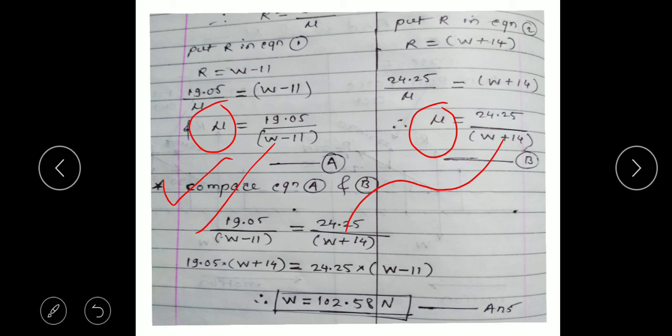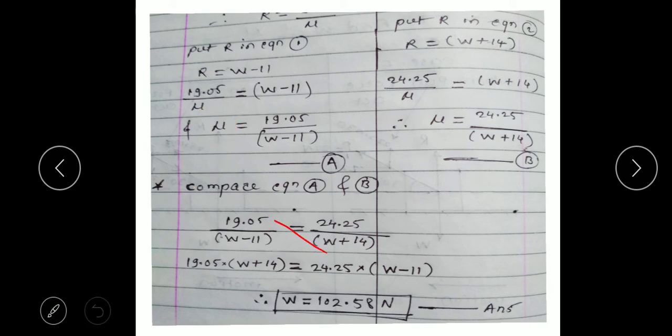How did that happen? Because mu related to A equals mu related to B. So put the value of mu from A equal to the value of mu from the B equation. Then this equation will form, and rearrange this. These terms will go this way and the bottom term will go upside. So cross multiplication, 19.05, and in this way we will get the W value.